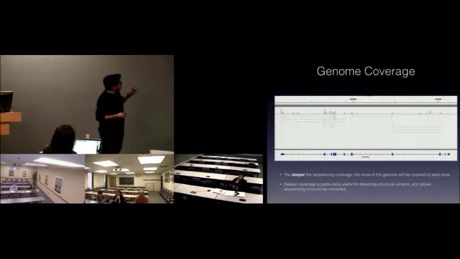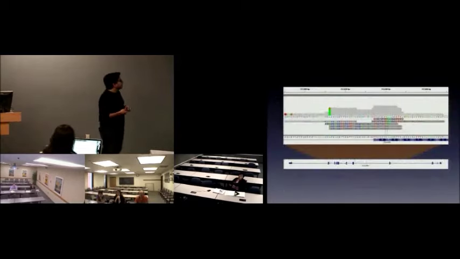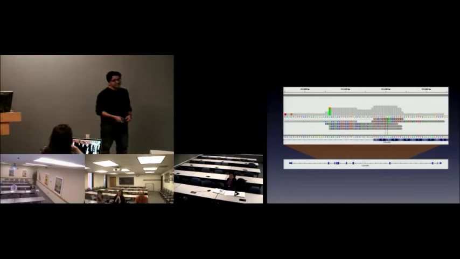Yeah, here. So that little stack of reads is basically telling you the X of coverage, and that tells you how good of a coverage you have for a particular region. So over here we're looking at a gene, and you look at the genome. At the bottom, that's the reference genome.